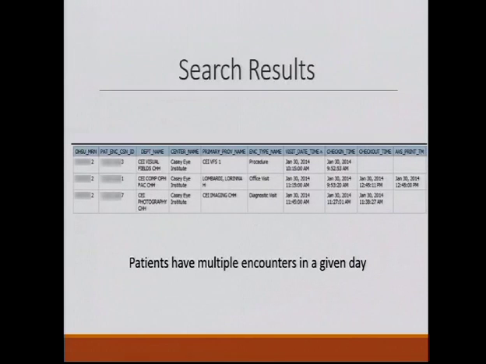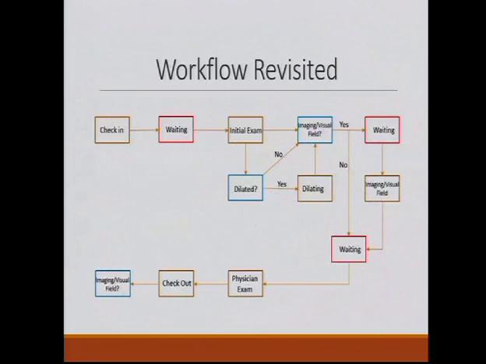We found there's all this other data that we're missing, so let's pull this data. But that ended up giving us a few other problems. First, we found that our original model was not really correct, that there's this other thing going on with imaging and visual field that we have to take into account, so we need to adjust our model.